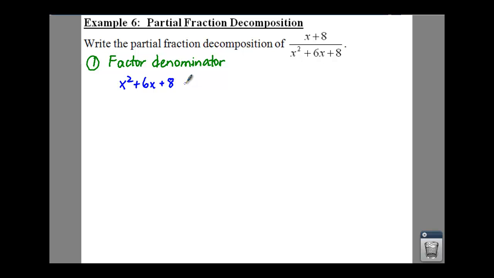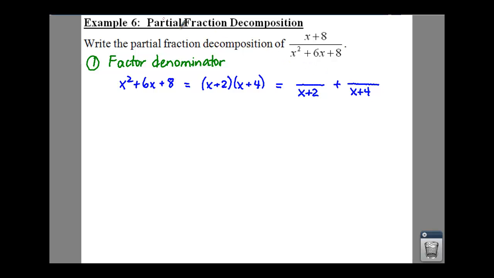So we can go ahead and write this as x plus 2 times x plus 4. And what that's going to allow us to do is use our x plus 2 and our x plus 4 as the denominators for each of your terms. So we're going to have an x plus 2 here, and we're going to have an x plus 4 here. Now what goes on the top?